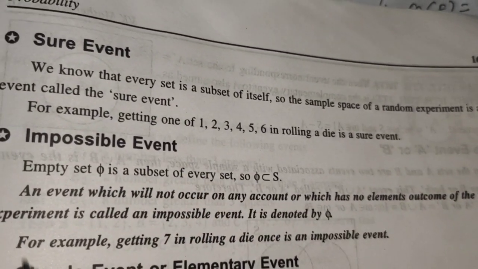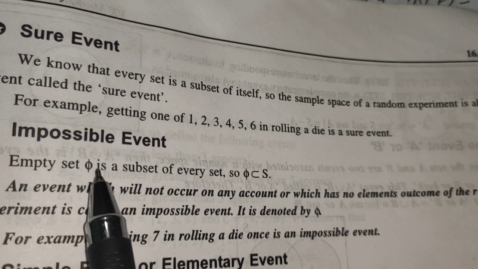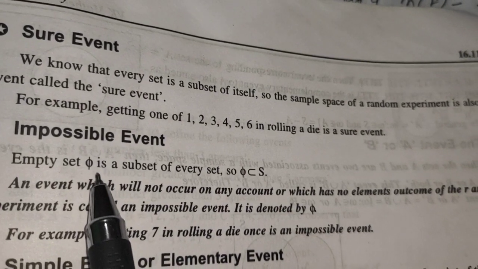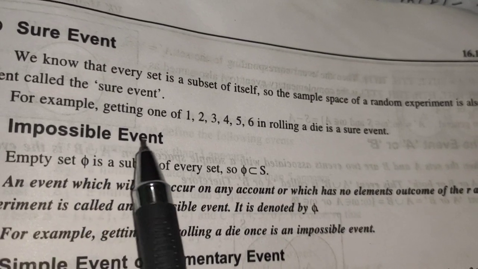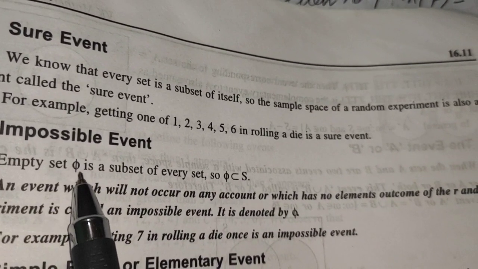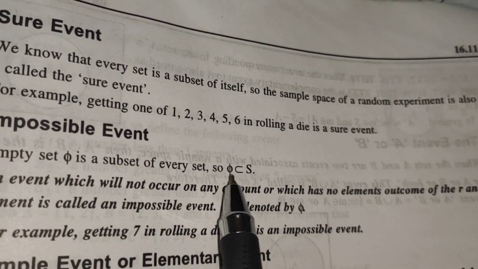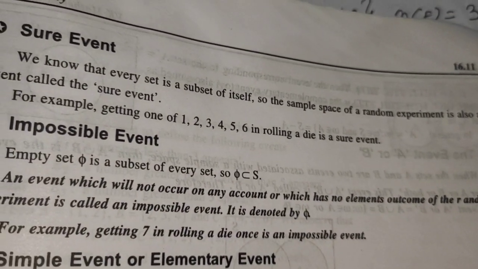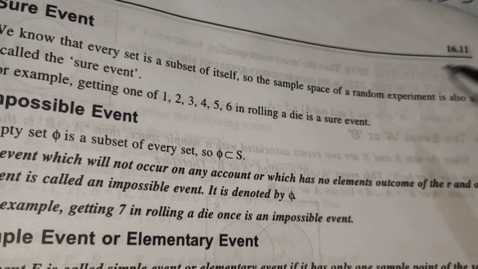Now, impossible event. Suppose we have the empty set phi, a set having no element. We have studied all these things in first year. Any set having no element is called an empty set or null set. We symbolize it with phi, and it is a subset of every set. There are at minimum two subsets of a set: one is the set itself and one is phi.